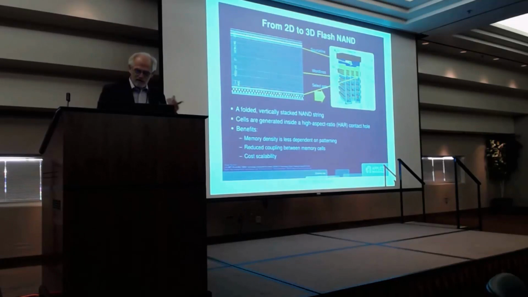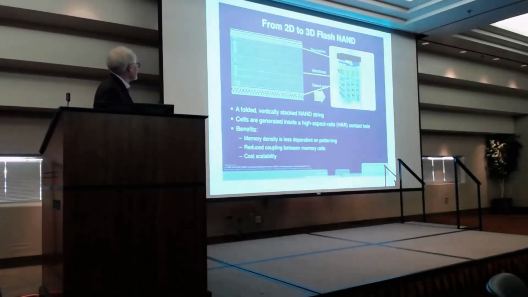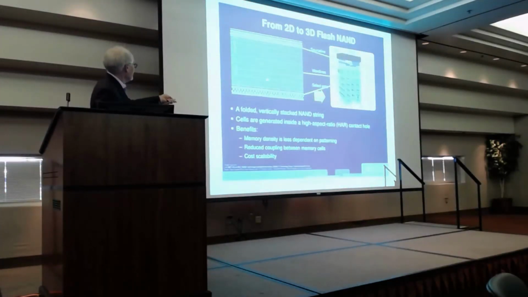And this again is looking at 2D to 3D flash, where I take a planar flash, and the word and bit lines, and now I create a 3D structure to be able to address the pages of memory inside the flash memory device. And this has allowed people to relax on the lithographic size of things, which was limiting how far the planar could go, and be able to make much higher capacity devices.